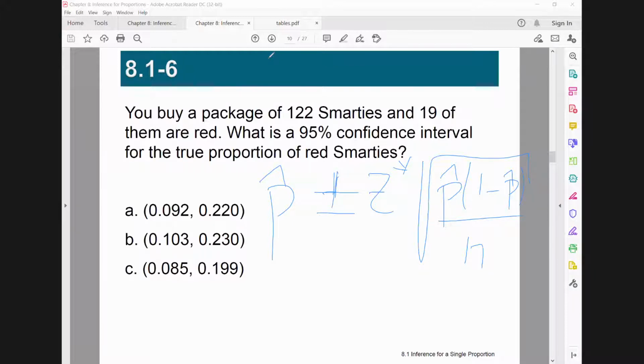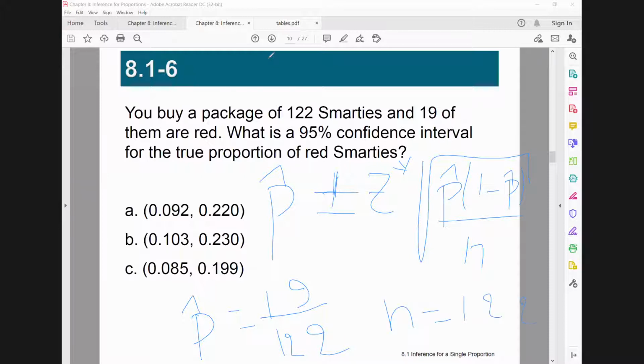What about P hat? Here it says 19, the red ones, then P hat is equal 19 over 122. P hat is always obtained thanks to the sample. Then P hat is known, n is equal 122.